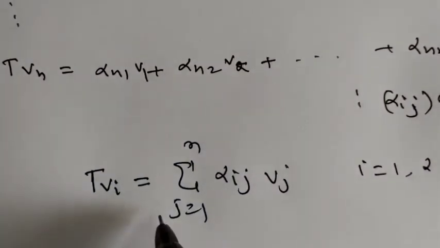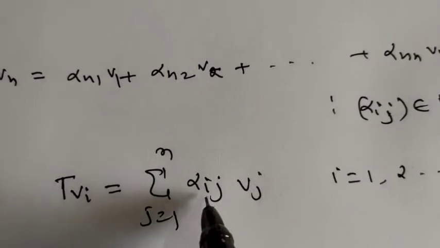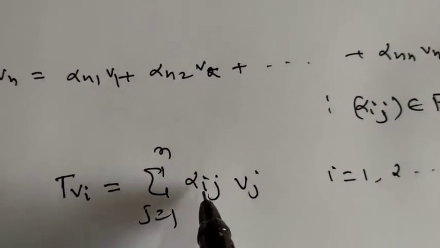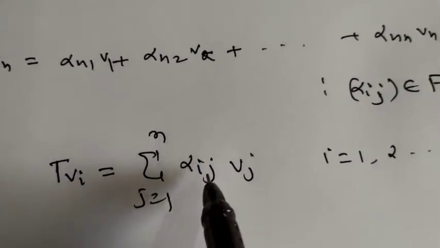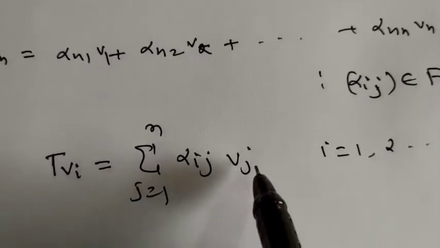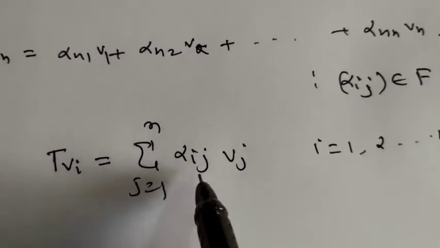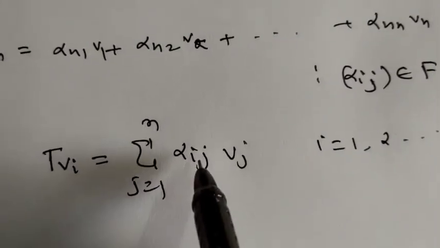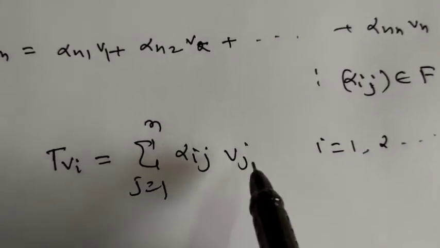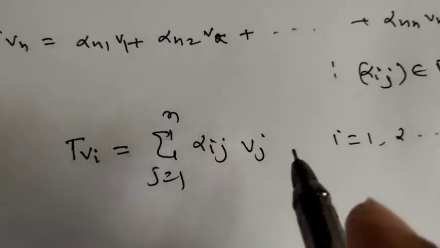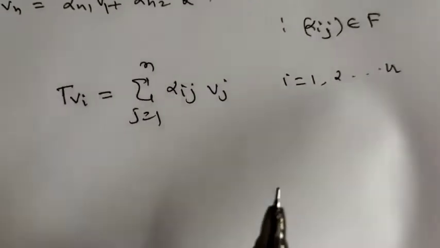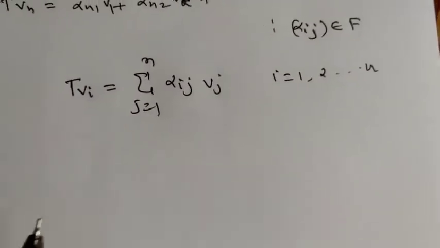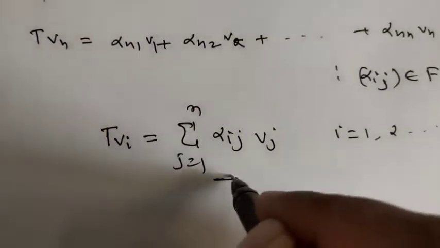For i equal to 1, T of V1 is alpha 1 1 V1, alpha 1 2 V2, alpha 1 3 V3, etc., alpha 1 n Vn. Similarly, T of V2, with i equal to 2, is alpha 2 1 V1, alpha 2 2 V2, and so on. Let us call this number 1.